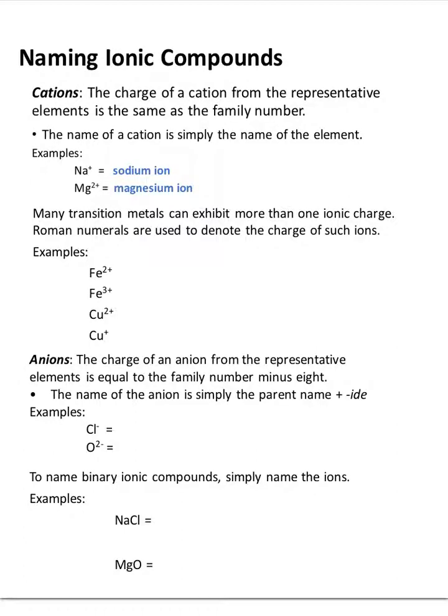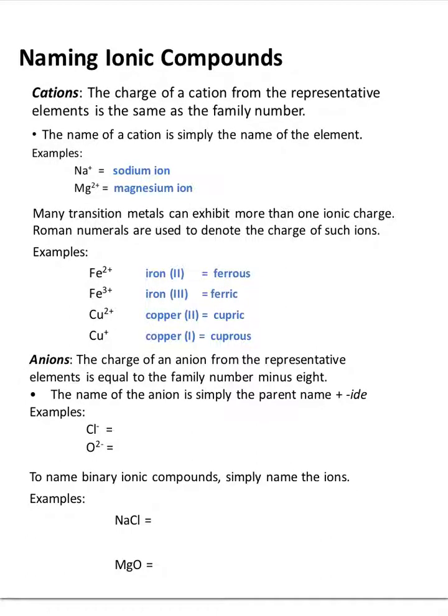Okay, now sometimes we have those metals or those cations that fall in that center block, which are the ones that have funny names. And so typically what we do with transition metals, or the things that are in that D block, is we note the ion charge by including Roman numerals.